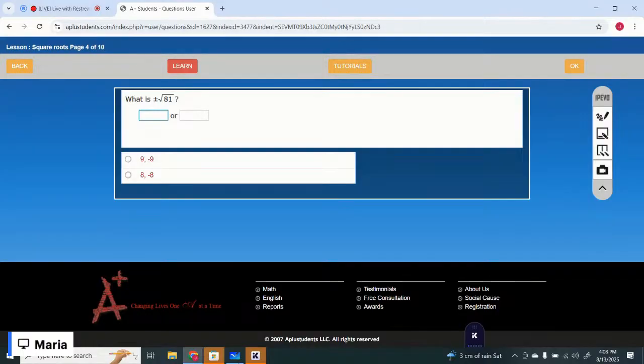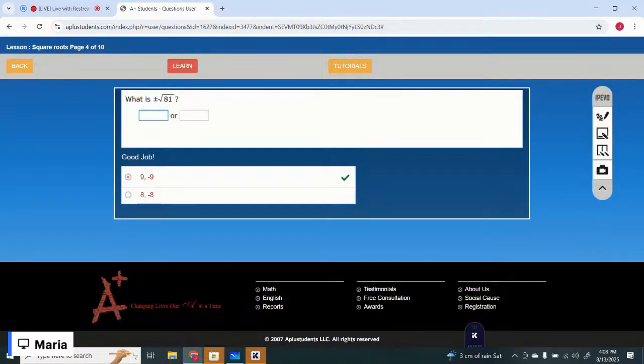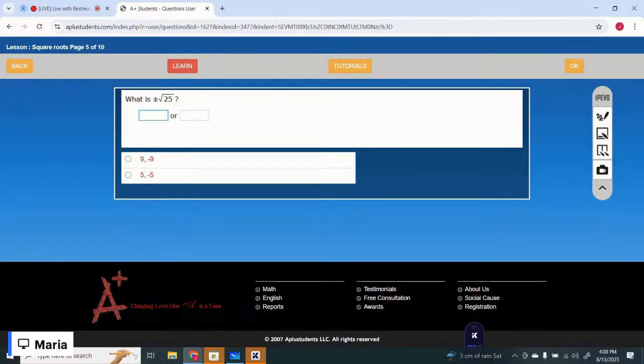Positive 9 and negative 9. What is plus minus square root 25?